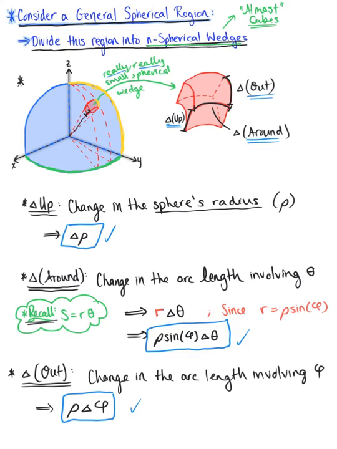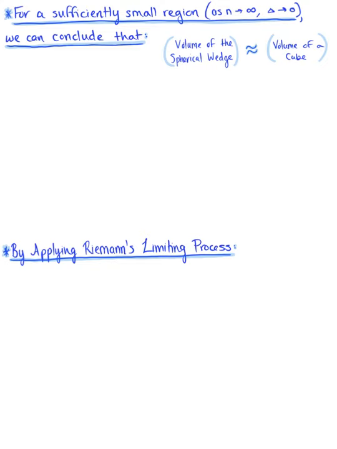Well, we need to again apply Riemann's limiting process. So here we go. It's our big finale. So we have that for a sufficiently small region. So in other words, as we let the number of subregions approach infinity, the volume of each subregion is approaching zero.